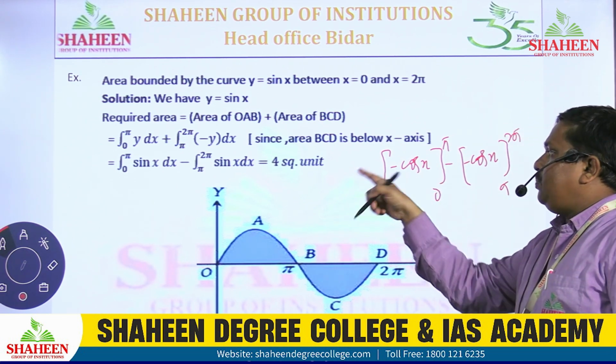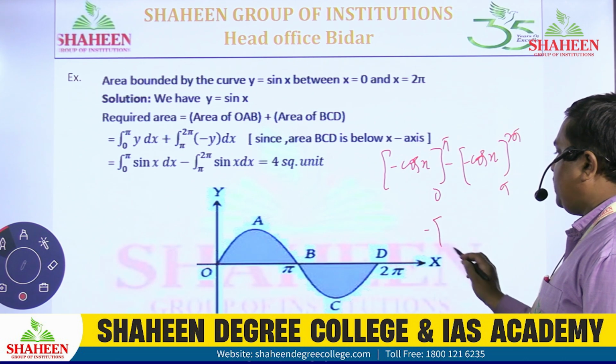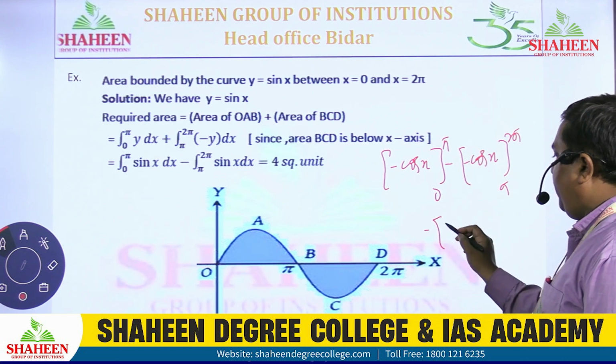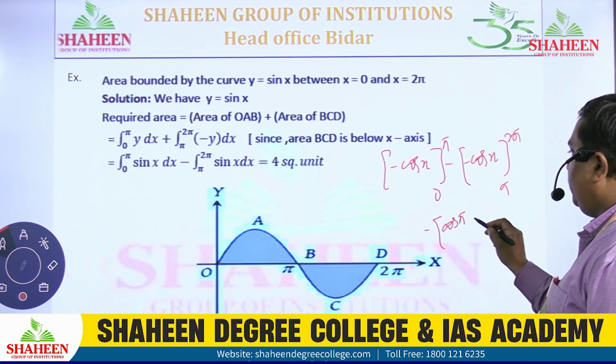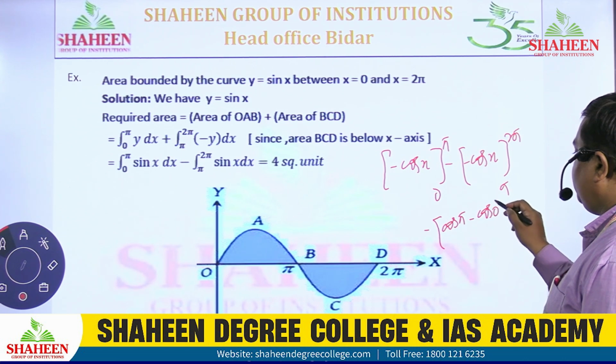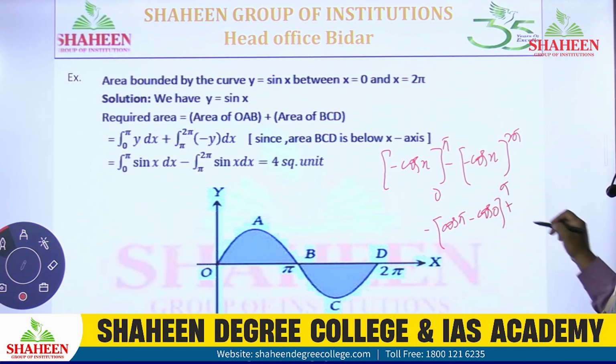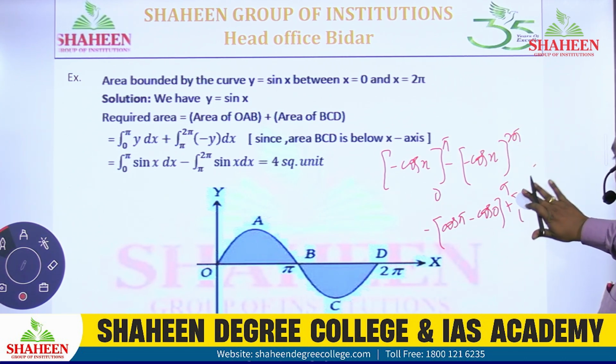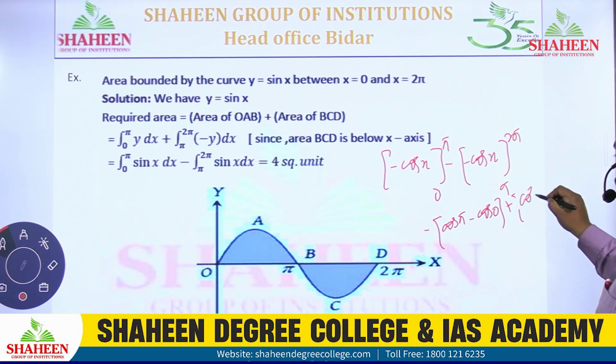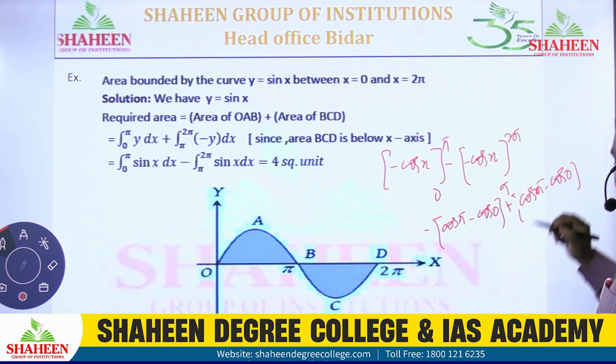You can take this minus outside, and taking cos pi minus cos 0, upper value minus lower value, minus into minus becomes plus, and the upper value is 2 pi, so it is cos 2 pi minus cos 0.